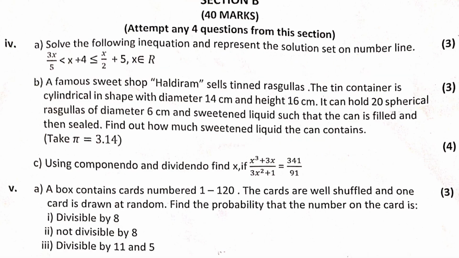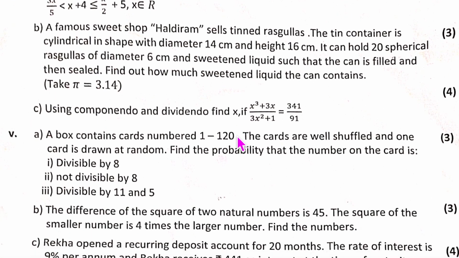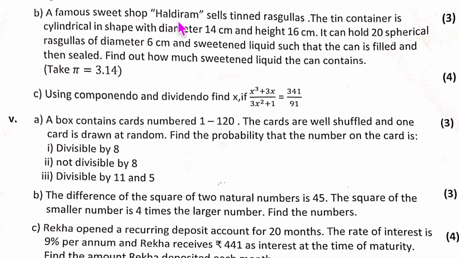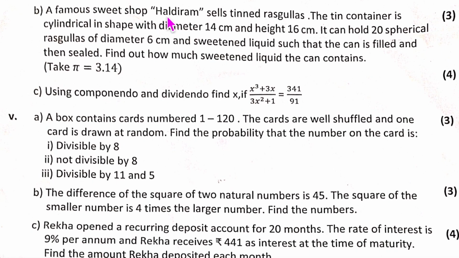Now let us come to the next one. Oh, they are advertising for Haldiram here. See, it sells tinned rasgullas. The tin container is cylindrical in shape with diameter 14 centimeter, height 16 centimeter, holds 20 spherical rasgullas.